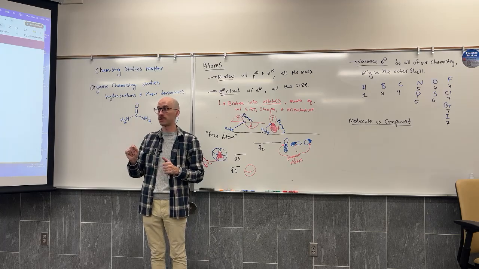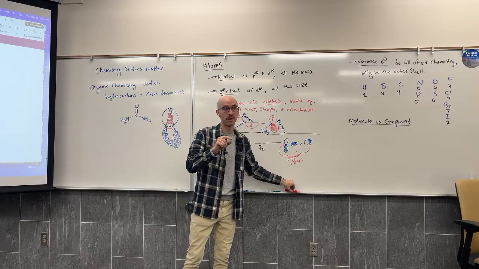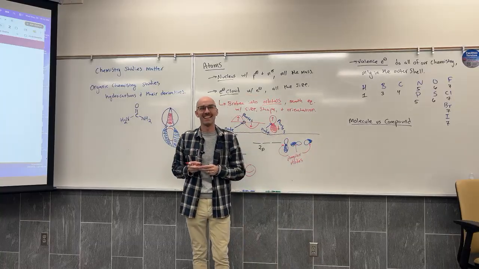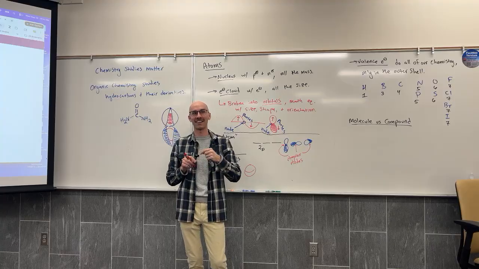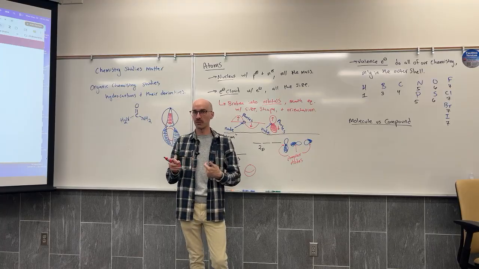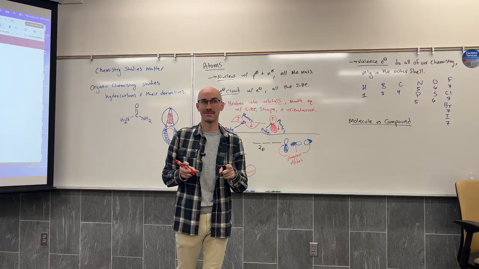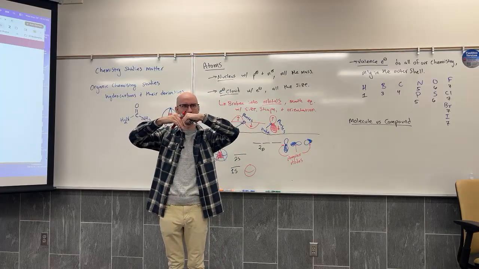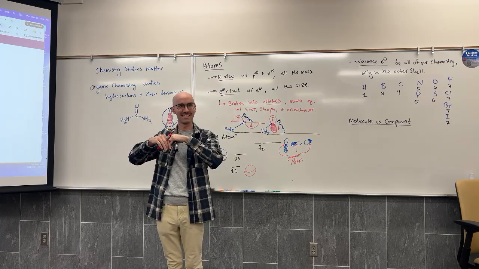Molecule describes multiple atoms being bonded together. Compound describes different atoms bonded together. So all compounds are molecules, but not all molecules are compounds. Maybe, because then we can also refer to ionic compounds. Sodium chloride is an ionic compound, but it's not a molecule. So there is some overlap. There's, I guess, a Venn diagram of them. Some compounds are molecules, but not all compounds are molecules.